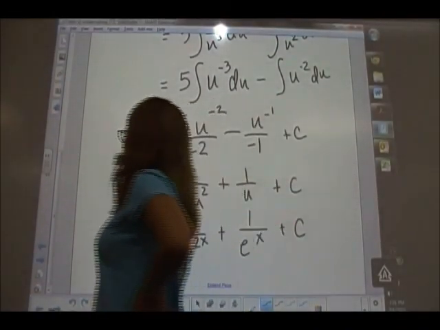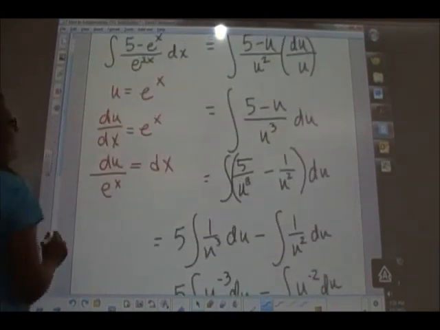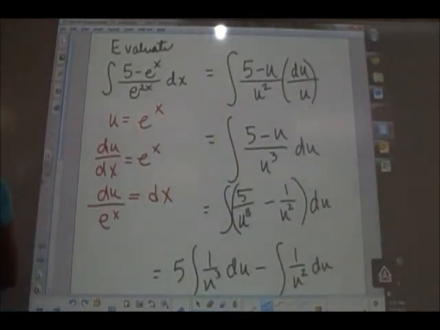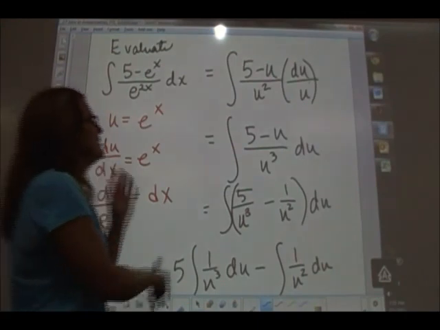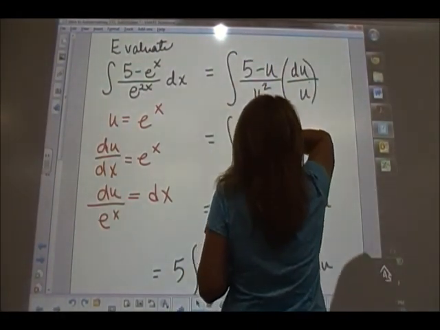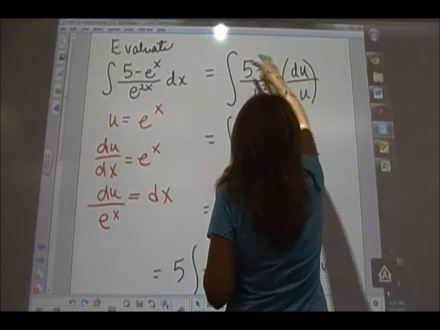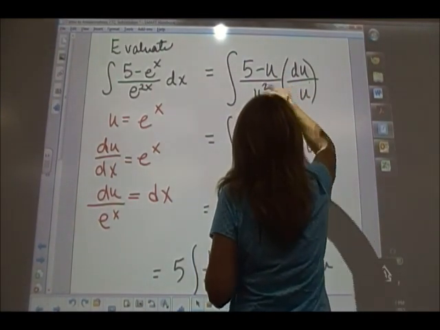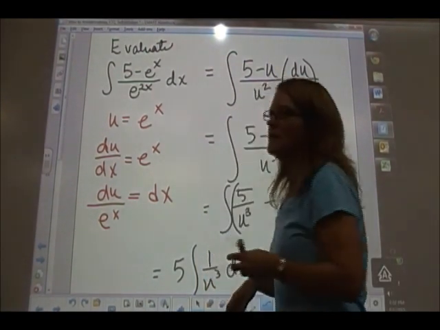My suggestion was to let u be 5 minus e to the x. And if you had done that, these would have canceled out, right? Yeah. These would have canceled out together, and then you would have just had to use the power rule once.